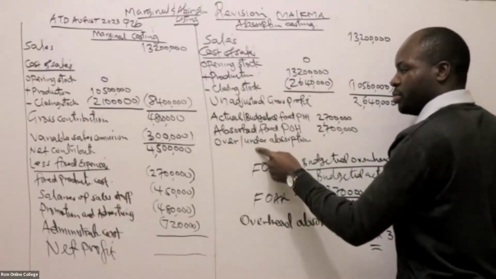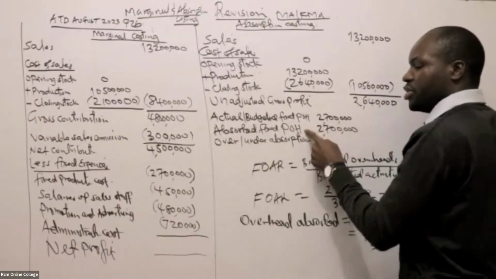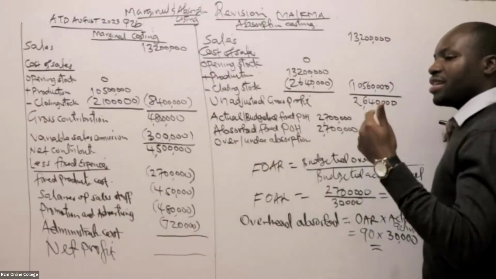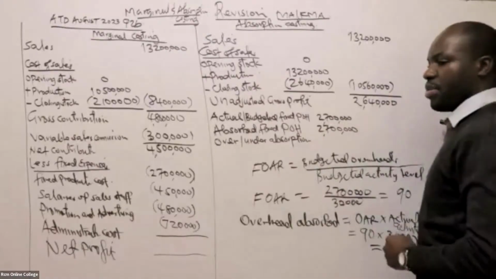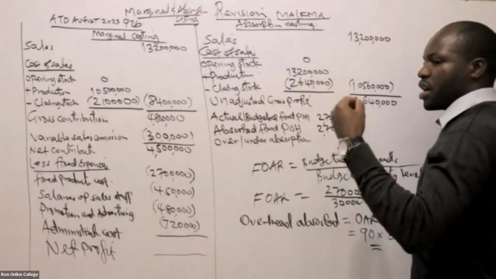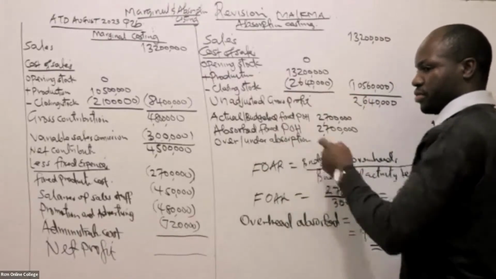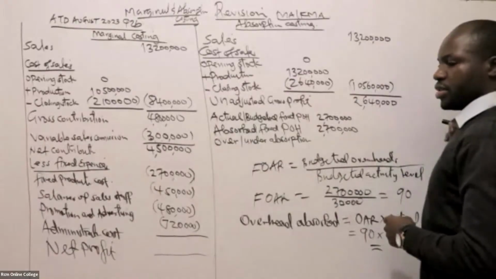When you have under absorption, the real expense is 2.7. What was absorbed is 2.4. You have understated your expense. And what happened? It will lead to exaggeration of your profit. How do I get back to the real profit? I deduct the under absorption. Right?